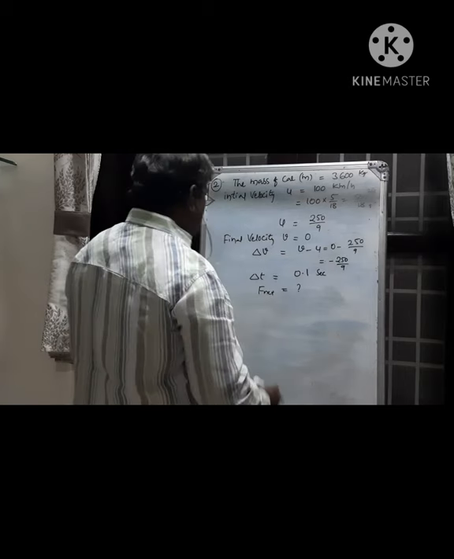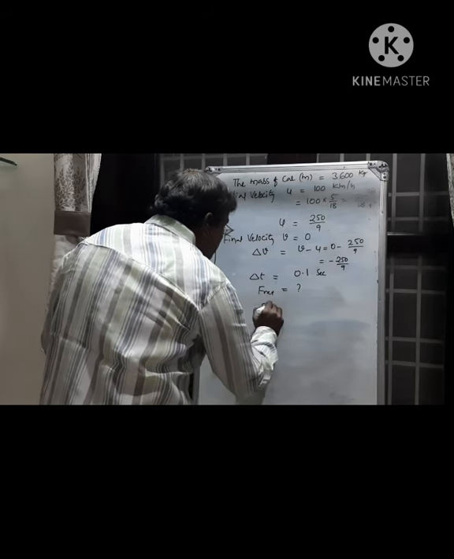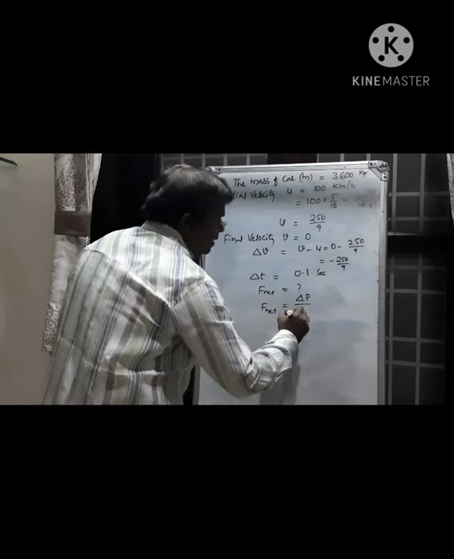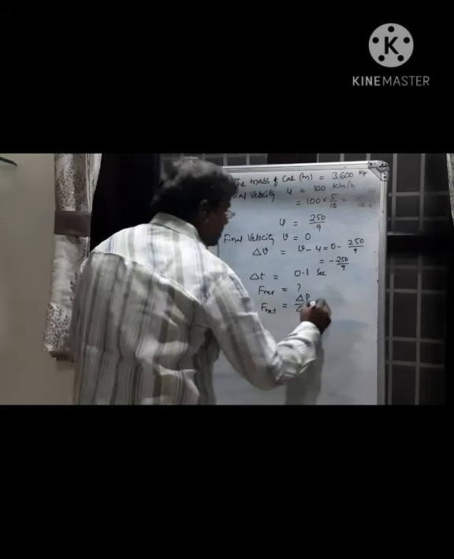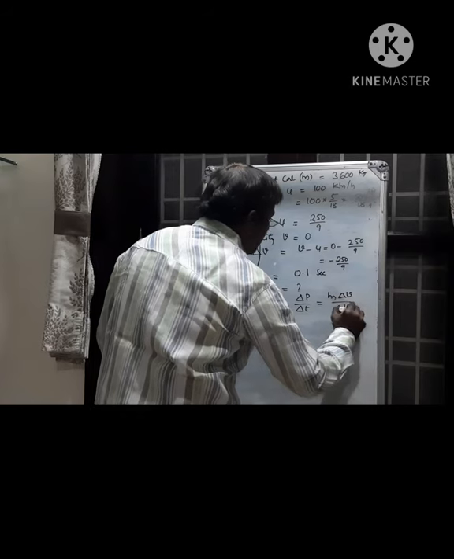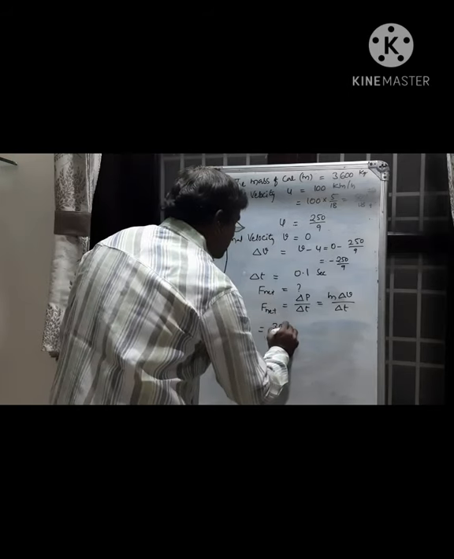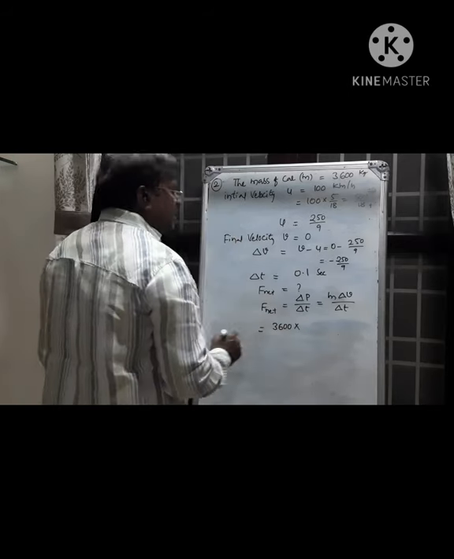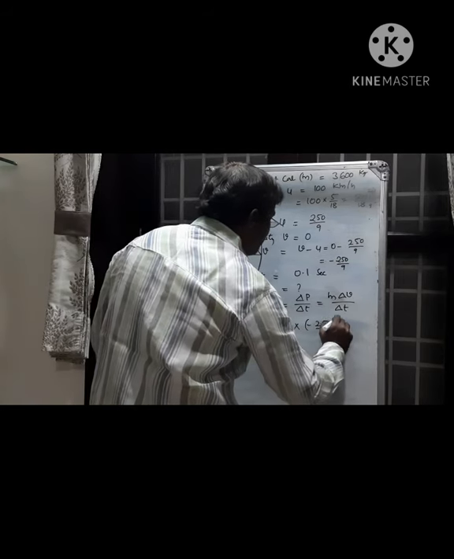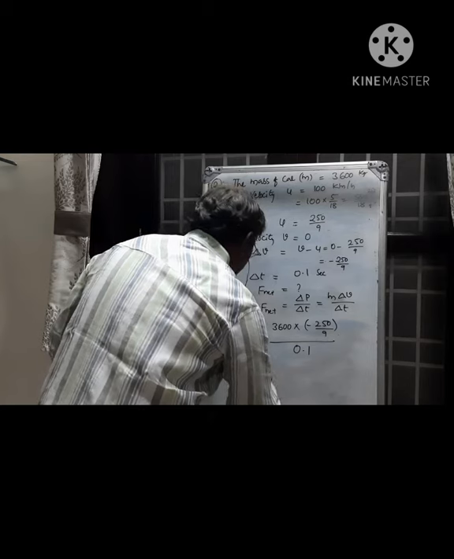How much is it? As we solved the earlier problem, the formula here also is the same, that is F net is equal to delta P by delta T, that is nothing but m into delta V by delta T. So substituting the values, m is nothing but 3600 into delta V, which is minus 250 by 9, by 0.1.